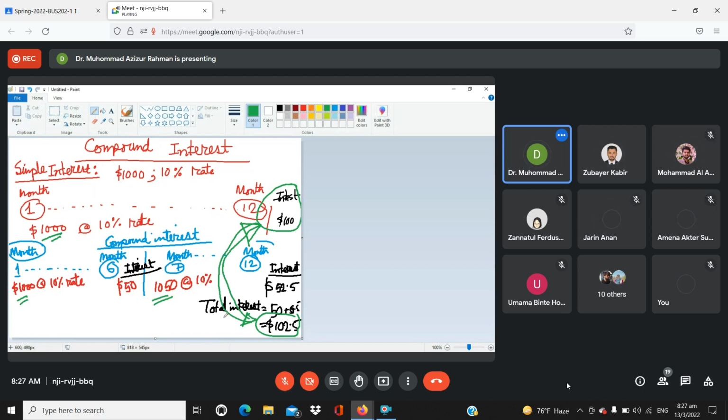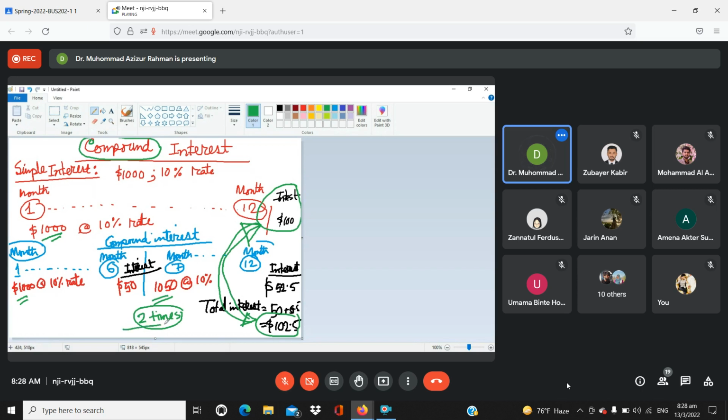So in our compound interest rate calculation, we need to think about how many times we are converting. Here, our conversion is 2 times, right? So our interest rate is 10%, but it is biannually, 2 times, not an annual interest rate.